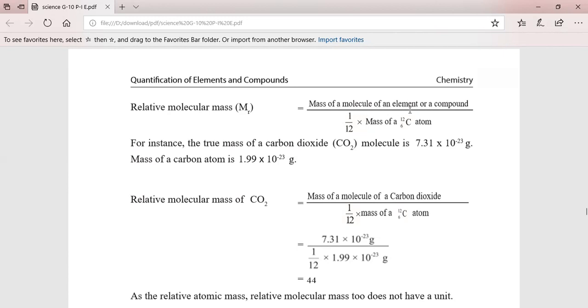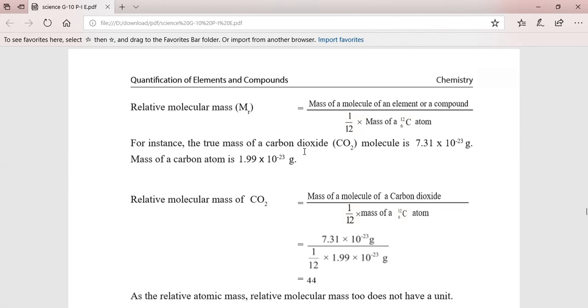Mass of a molecule of an element or a compound, divided by 1/12 into the mass of a carbon-12 atom. Here, the true mass of carbon dioxide. We want to find the relative molecular mass of carbon dioxide in this example.